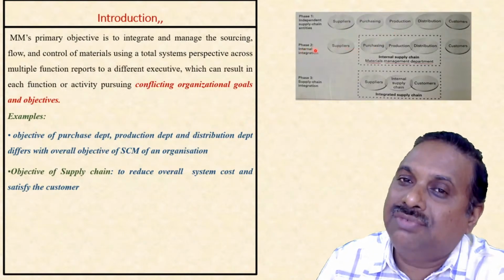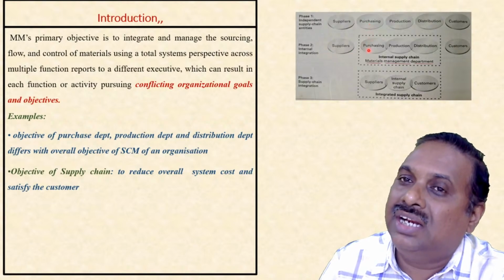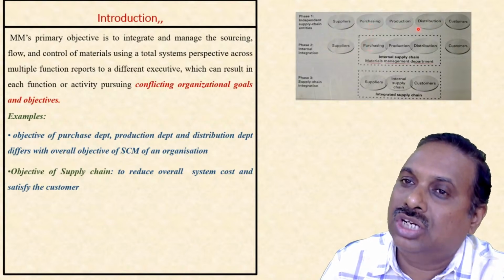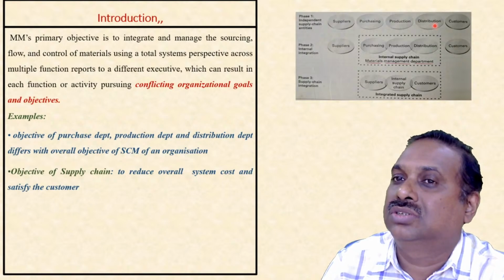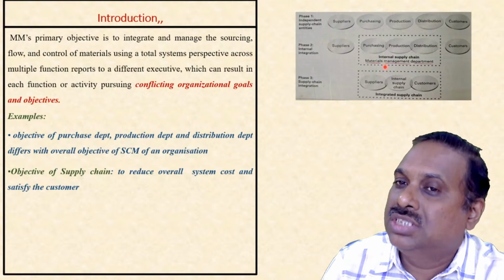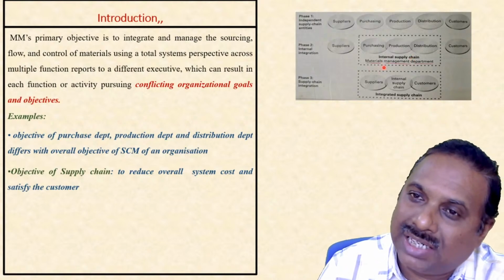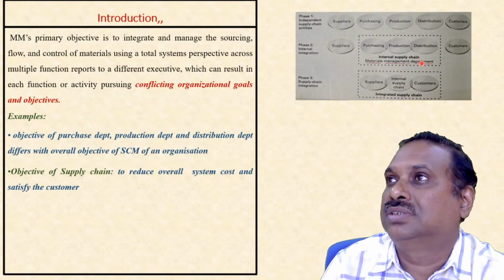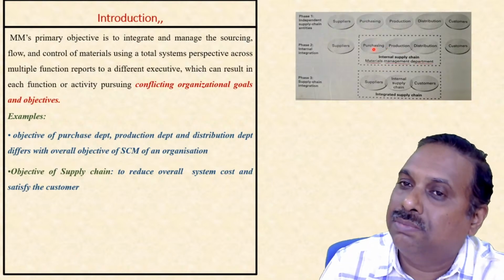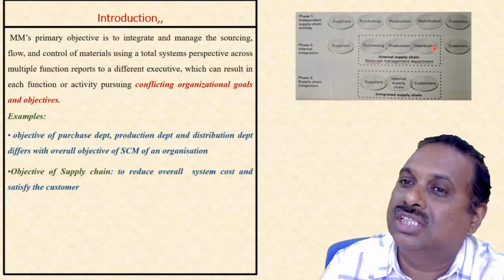In the second phase, internal integration, we integrate purchasing, production and distribution. So we integrate these three, right? This is known as the internal supply chain. It is otherwise known as the materials management department. That means integrating purchasing, production and distribution, coordinating all these things.